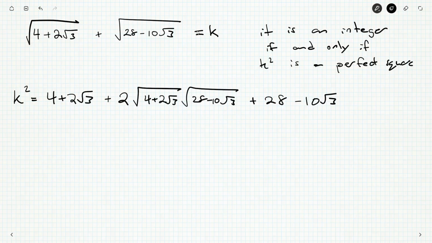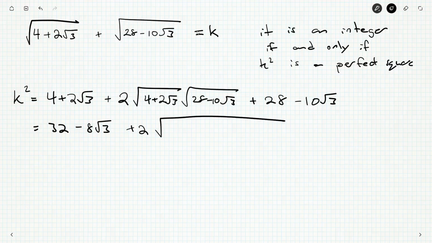And 4 plus 28, hey, that's 32. So maybe the whole expression here just turns out to be 4 somehow, and this becomes 36. We don't know yet. We get minus 8 root 3, and then plus 2. And the nice thing about having square roots multiplied together rather than added is I can combine them all under the same square root sign.